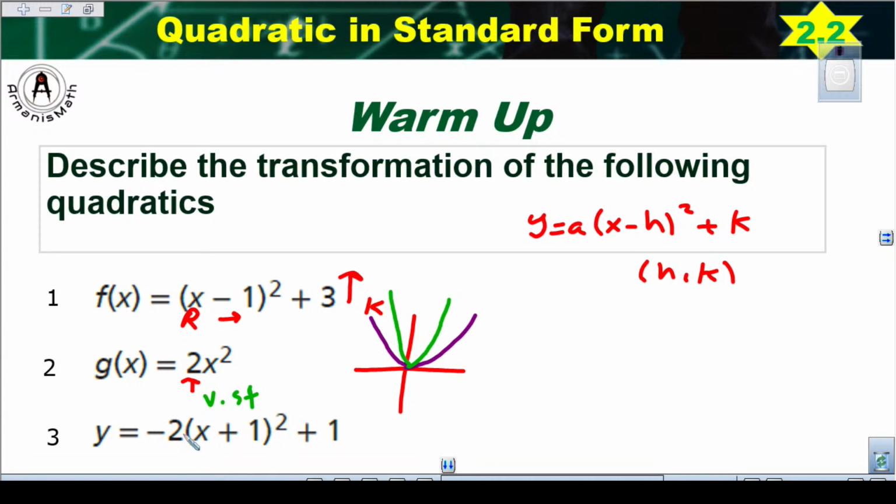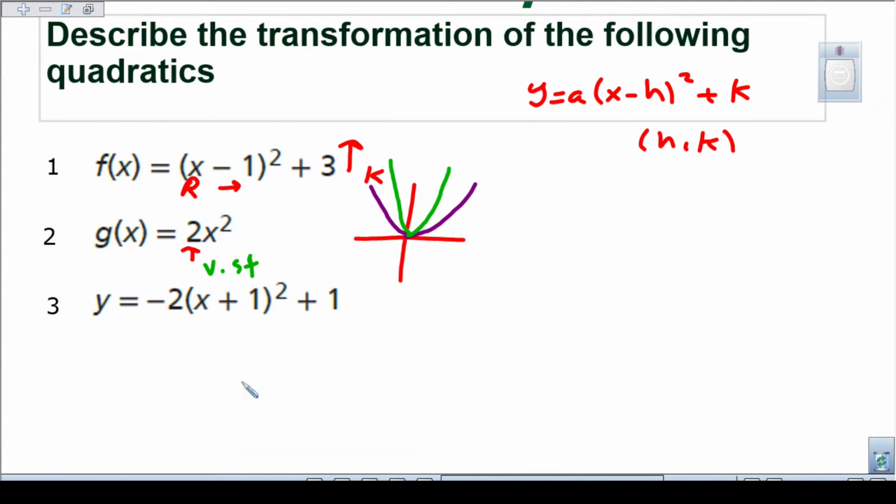How about number 3? Somebody gave me the vertex for number 3. So the vertex is going to be (-1, 1). This is h, this is k. And somebody tell me, am I looking up happy or am I a sad frown face?